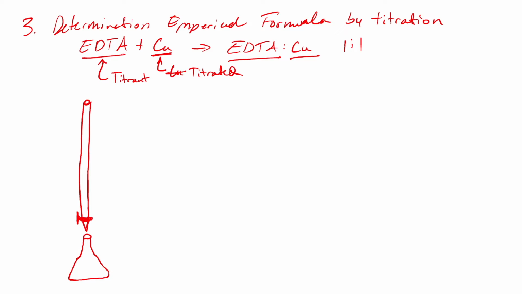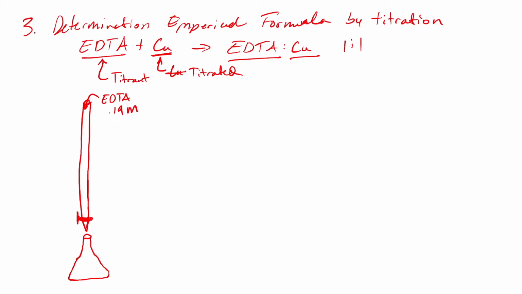Okay. And so what's going to go in here is going to be the EDTA, because it's a titrant. And in this example, we'll say that the EDTA's concentration is 1.9. Oh, sorry, not 1.9, 0.19 molar.